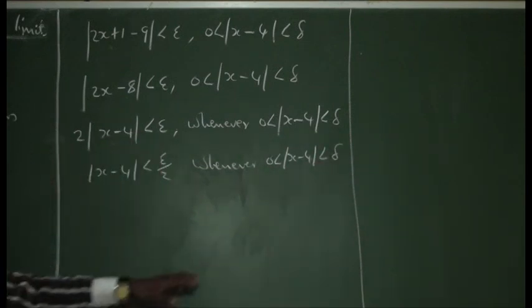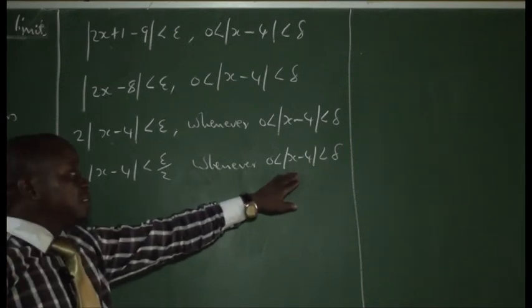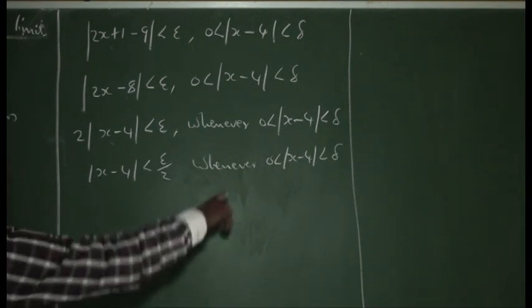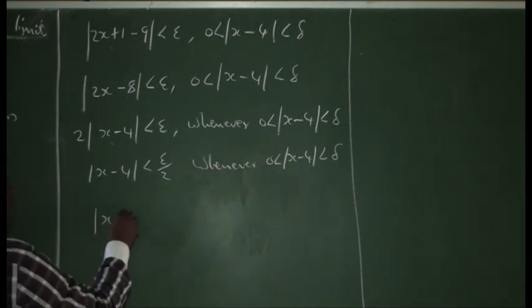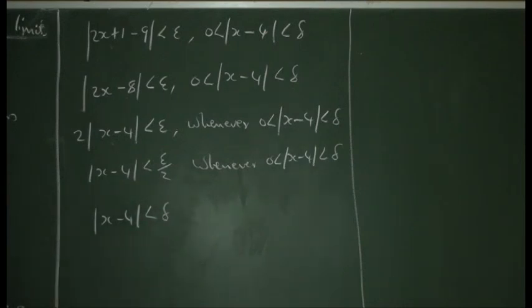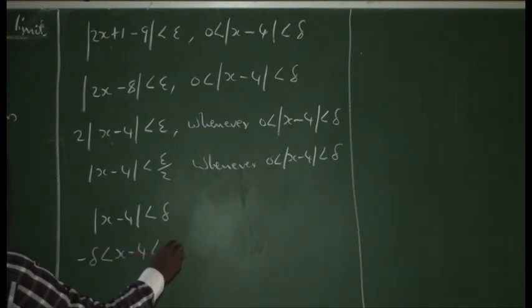Now since this is equal to this, like I have said, I will continue with that side to see that |x minus 4| is less than delta. Now in a lecture on inequalities, we talk about inequalities involving absolute value, where we have that minus delta is less than x minus 4 and less than delta.